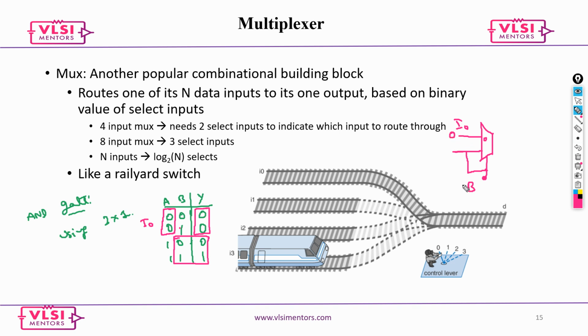So this is going to be 0, and this is one way of making it as an AND gate.